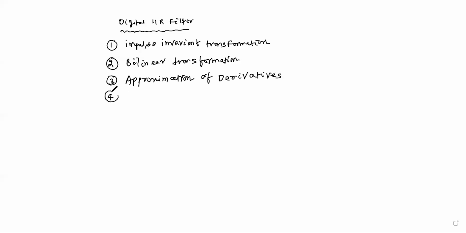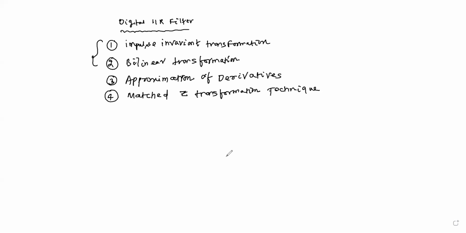Another method is the matched Z transformation technique. Okay, so four methods are there, but we will discuss only the first two, that is impulse invariant transformation, and the second one is the bilinear transformation. These two are in your syllabus.